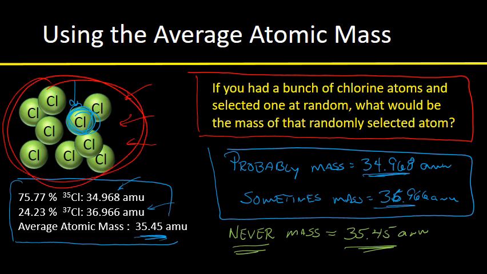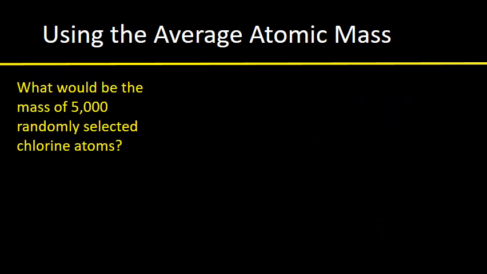The average mass of all of those atoms together is 35.45 AMU, but none of the individual atoms actually has that mass. All of them have a mass of either 35 or 37. So when is the average mass actually useful? We can look at a similar question. Instead of selecting one atom at random, what would we get if we selected 5,000 atoms at random?